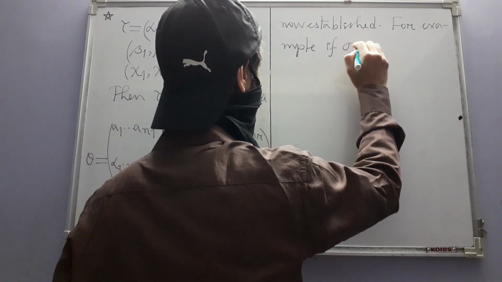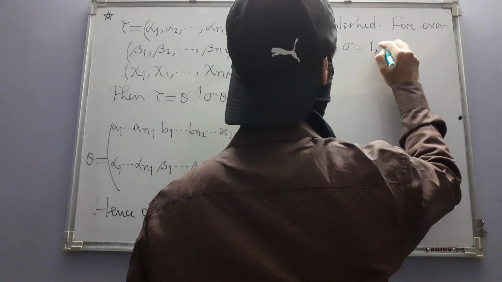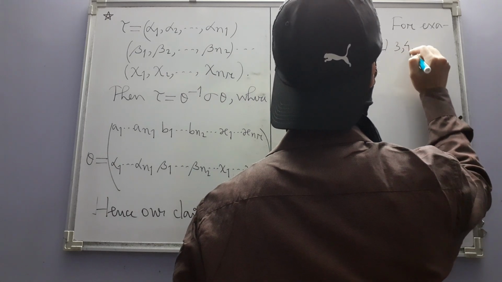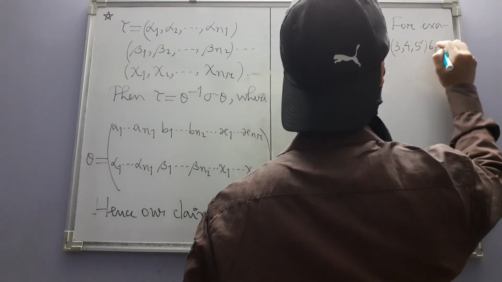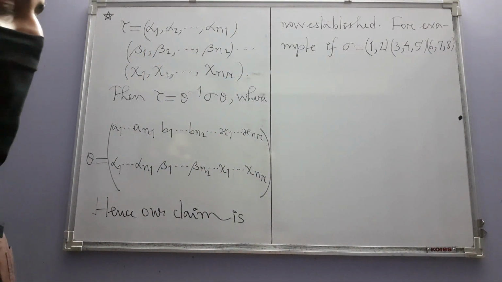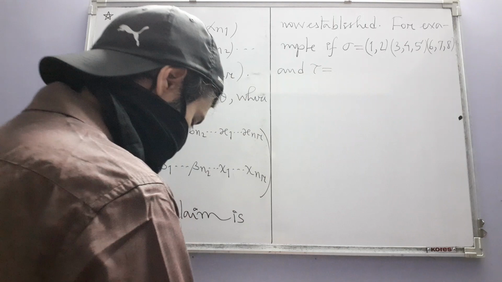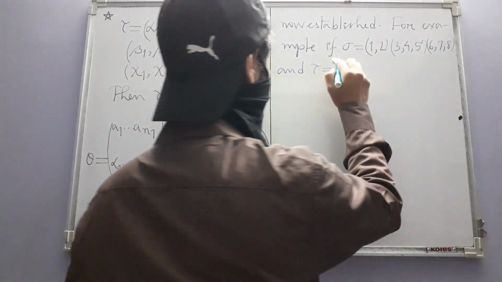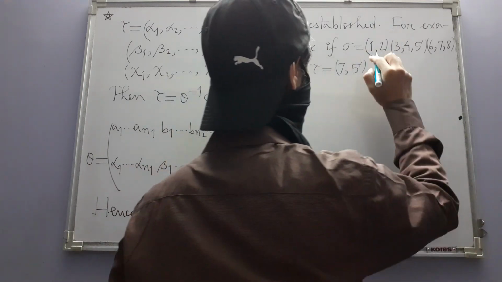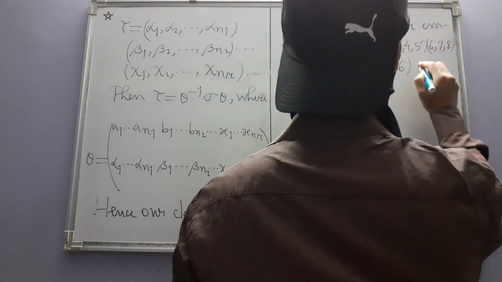If sigma is this permutation, 1, 2, then 3, 4, 5, then 6, 7, 8, a product of a transposition and two 3-cycles, and tau is also another one with the same cycle decomposition, but the individual cycles are different: 7, 5, 1, 3, 6, 2, 4, 8.